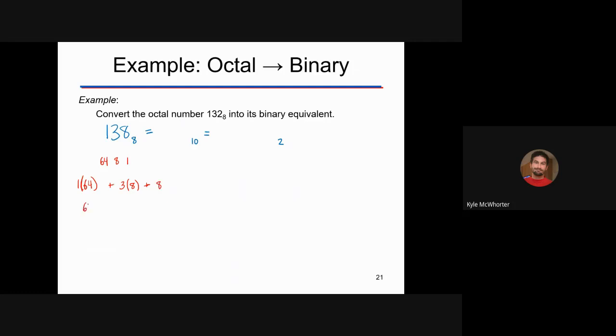Okay, so we're doing 64 plus 24 plus 8. 64 plus 24 is 88. 88 plus 8 would be 96. So this is 96 in base 10.